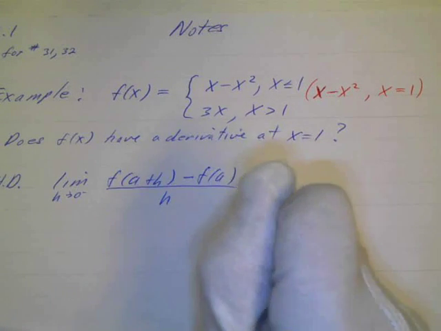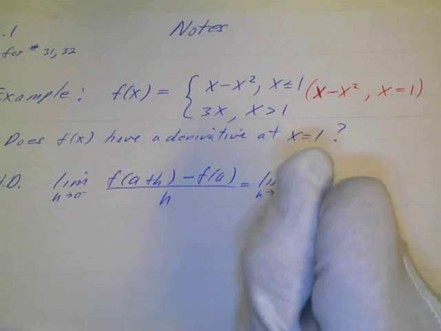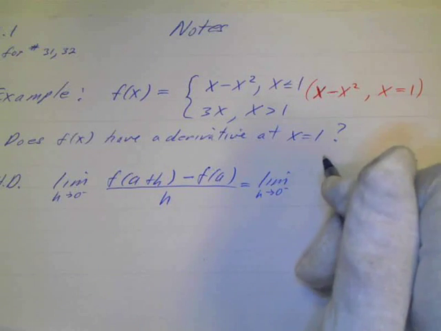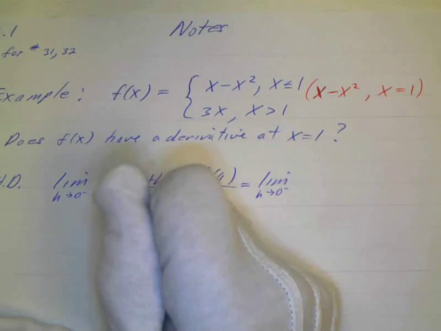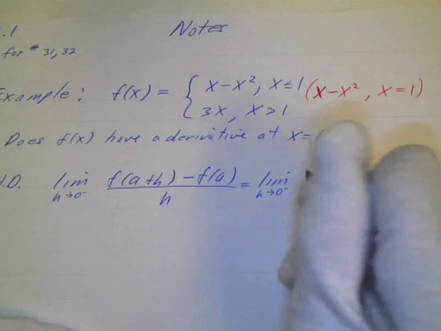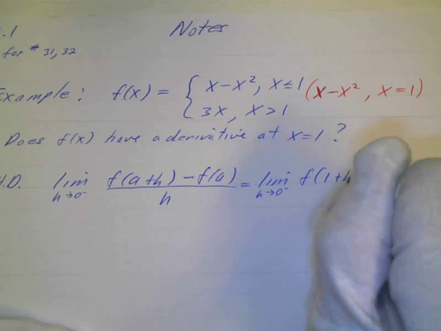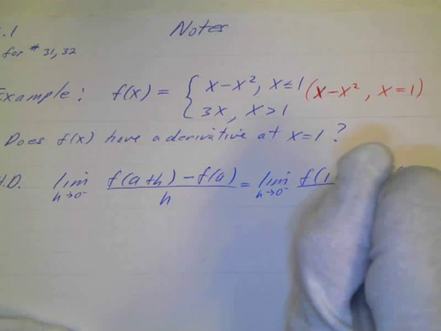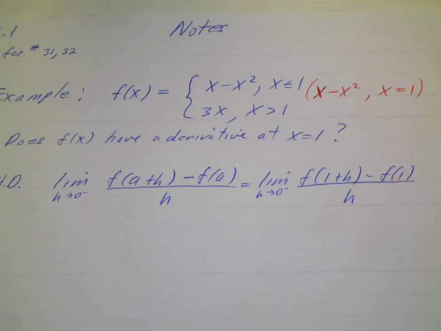And then we can substitute, so that's going to equal the limit as h approaches 0 from the left of my function. And my a is going to be 1, so we're examining what's happening at the point 1. So f of 1 plus h minus f of 1 all over h. So we're going to go back and put the a in, and the a is 1.